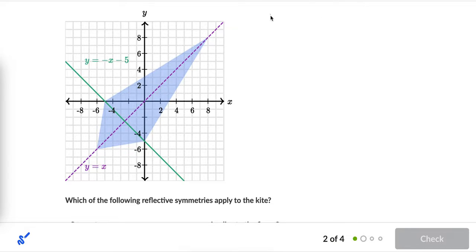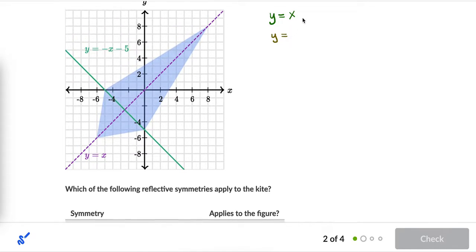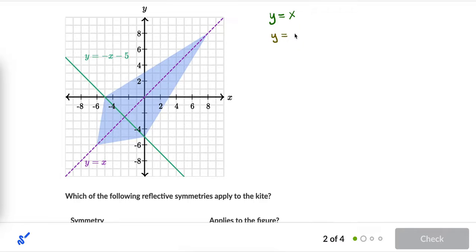So the first one is y equals x, and the second one is y equals negative x minus 5. Those are the two lines that we're going to examine. We've got both of them right here on the graph.